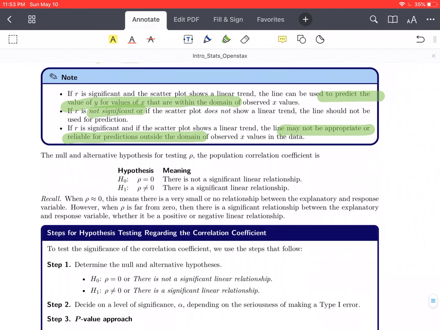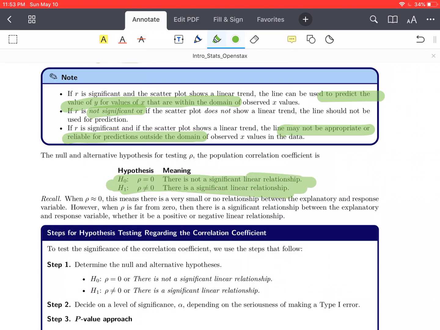Okay, so our null and alternative hypotheses are right here. The null hypothesis is that there's not a relationship. So status quo, we just assume there's no relationship between them. And then the alternative hypothesis is that there is a significant linear relationship between these two.